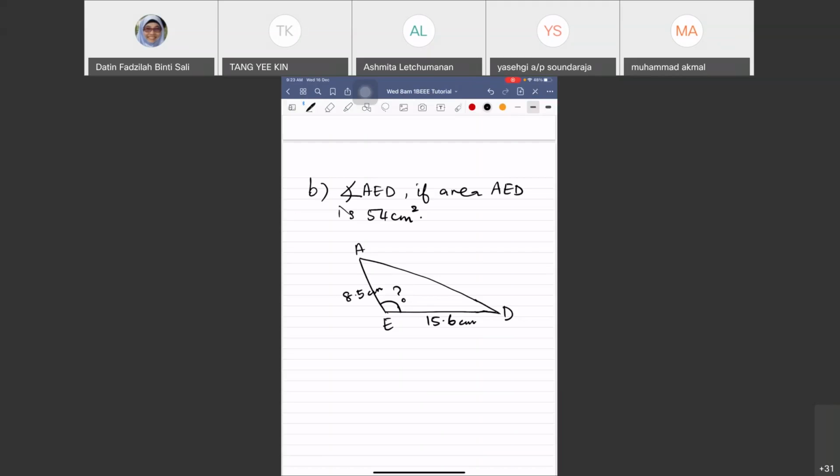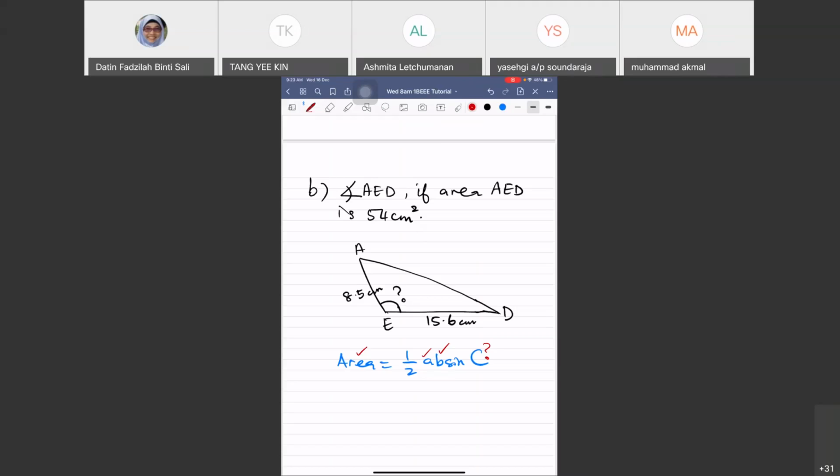So it is angle E. You know that the area equals this formula with the included angle. From the question, this is given, this is given, and this is what you want to find. So you just rearrange your equation.